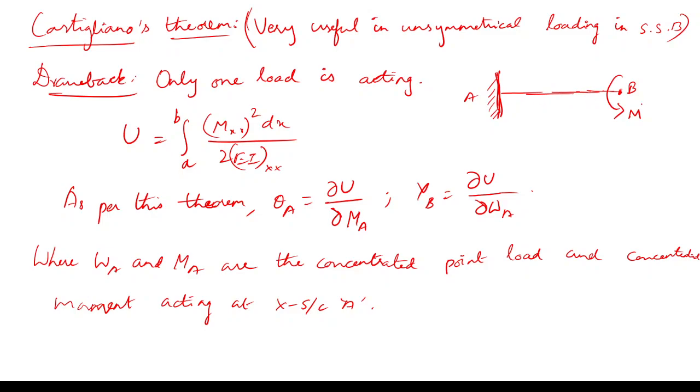First, I need to find the strain energy of this beam, and then partially differentiate the strain energy with respect to M, so that I can get the slope at B. And if I differentiate the strain energy partially with respect to W, then I can find the deflection at point B.